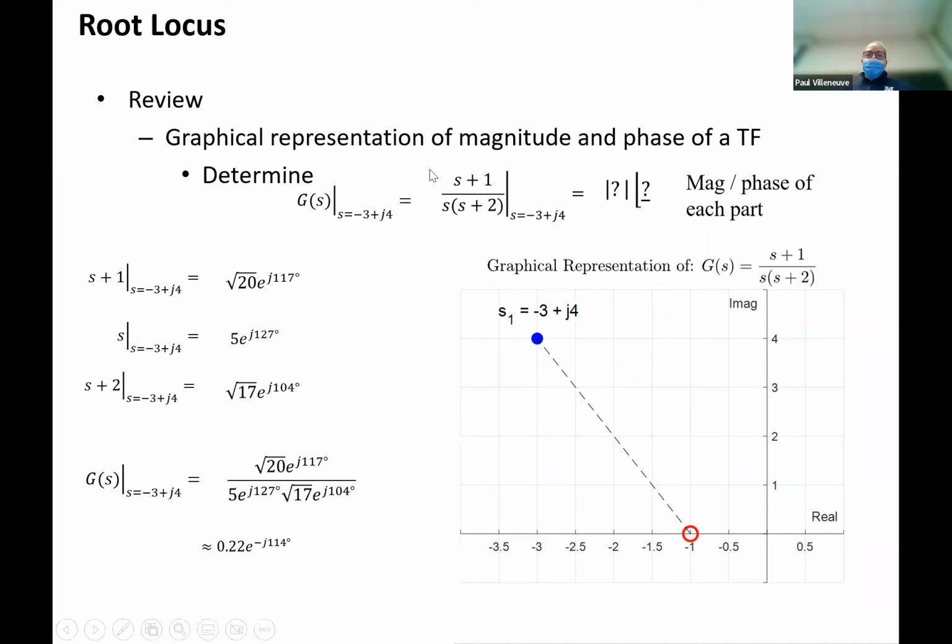So here is magnitude and angle for S equals -3 plus j4. Now I'm going to do the same thing for S. That one's pretty easy: 5 at an angle of 127. Now I plug in my S plus 2. Then I get square root of 17, e to the j104. And then I plug that all in over here. To get the magnitude, I take the square root of 20, divided by 5 times the square root of 17.